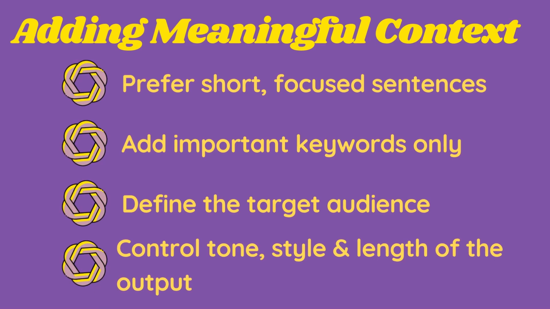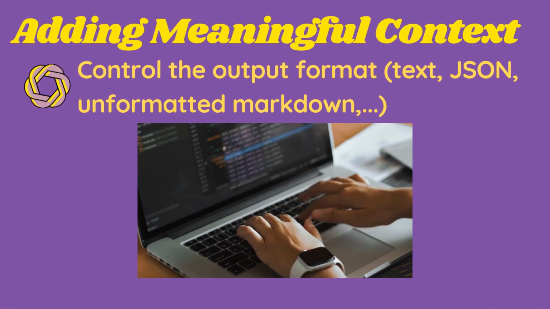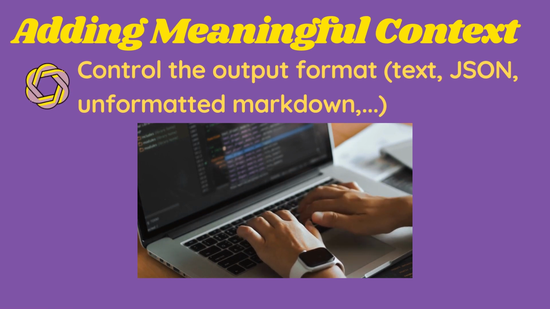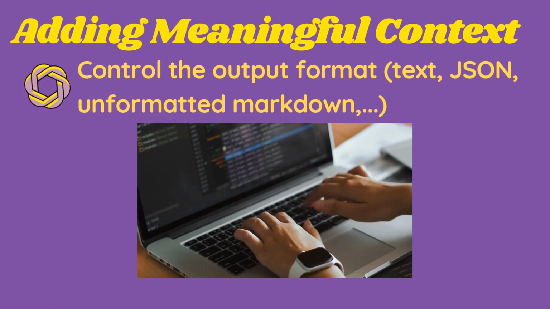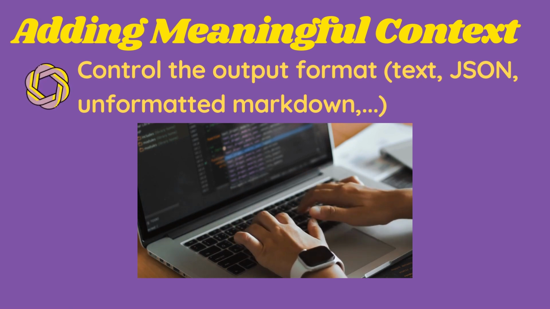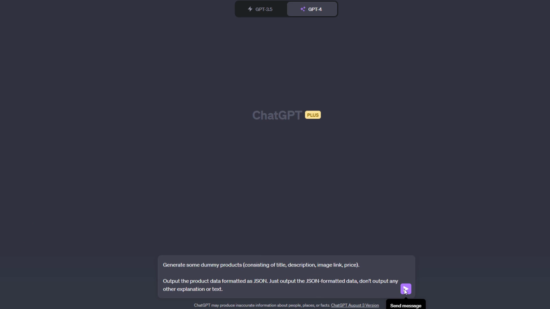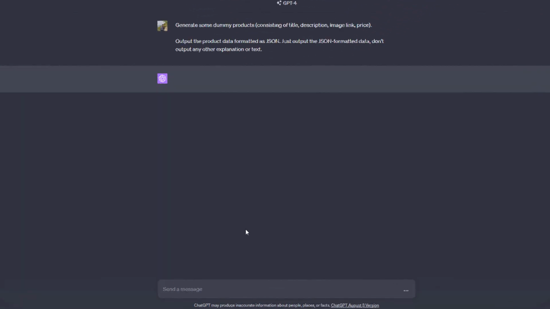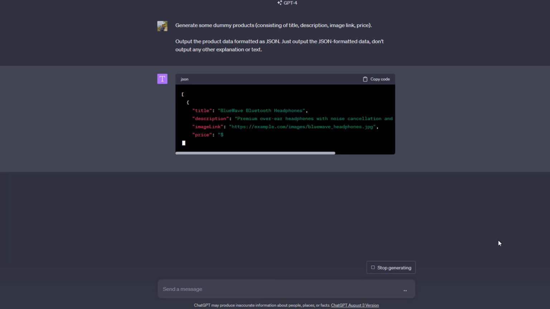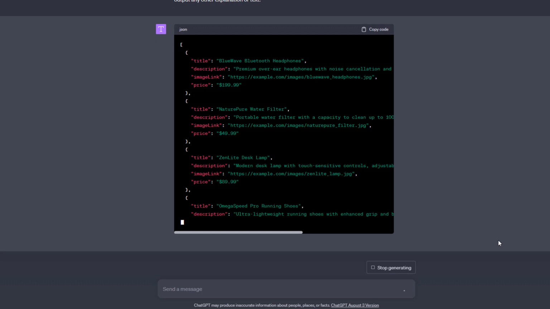And speaking of that output, another important kind of context you might want to add to some prompts is the output format. Now, the default is that you get text, and for many use cases, that's exactly what you need. But you can use ChatGPT for all kinds of scenarios. For example, also to generate some dummy data that you might want to use in one of your projects. For example, if you are developing an application or if you are practicing data science.